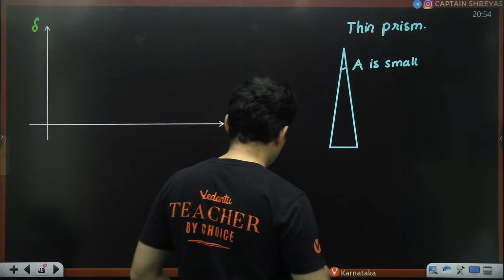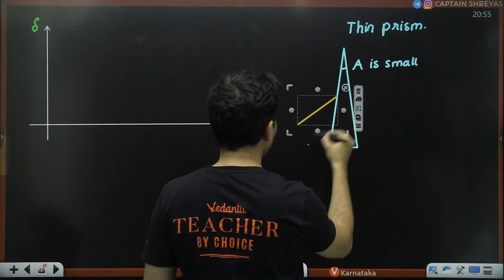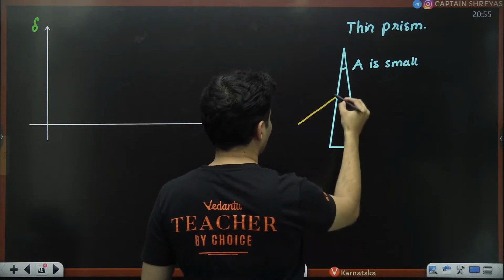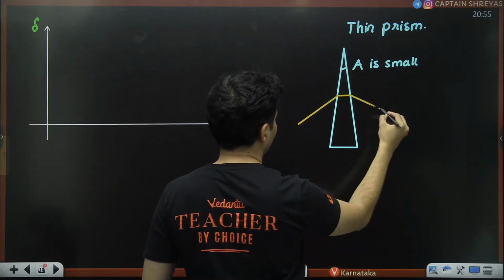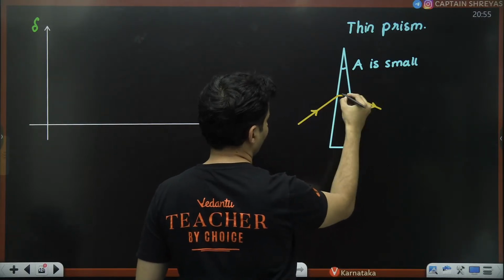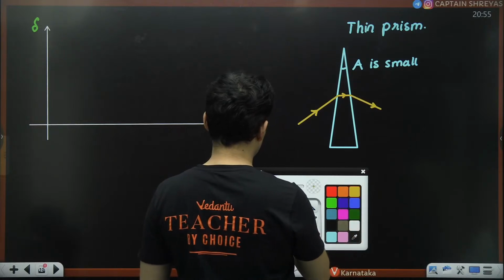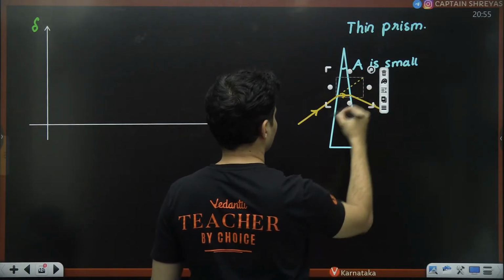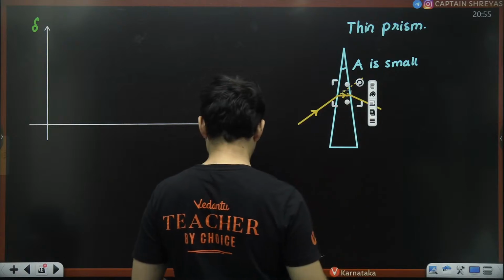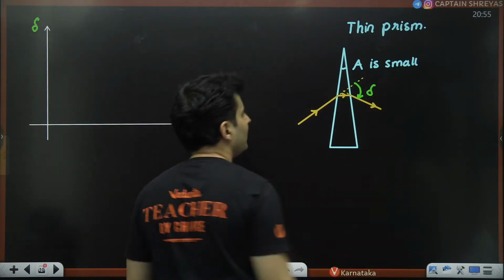Okay. And in such a prism, when that light will enter, will refract and emerge out, again this is deviation.